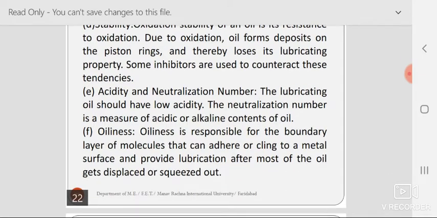Acidity and neutralization number. The lubricating oil should have low acidity. See, the oil goes within the engine cylinder. It should have a low acidity, because high acidity in the engine cylinder affects the engine very badly. What does acidity do?